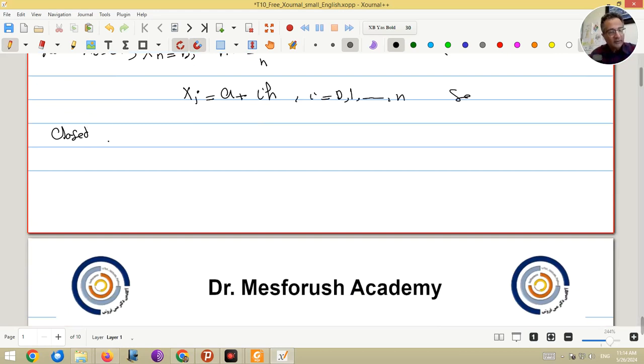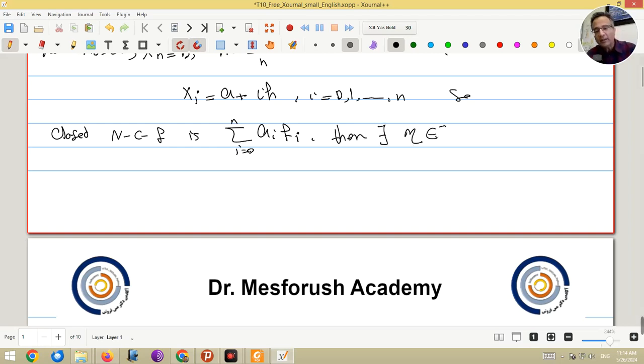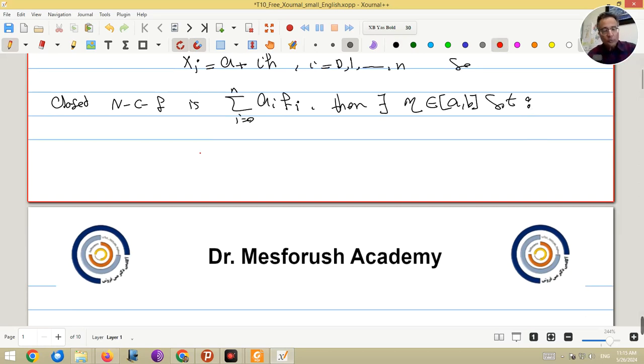Okay, so the closed Newton-Cotes formula is the sum over i from 0 to n of ai fi. This is the n plus 1 points closed Newton-Cotes formula. Then there exists eta in the closed interval a, b, such that we have two cases.